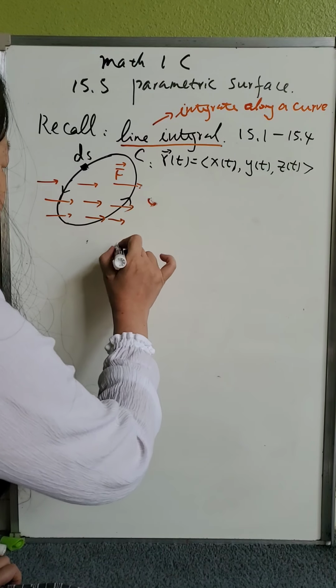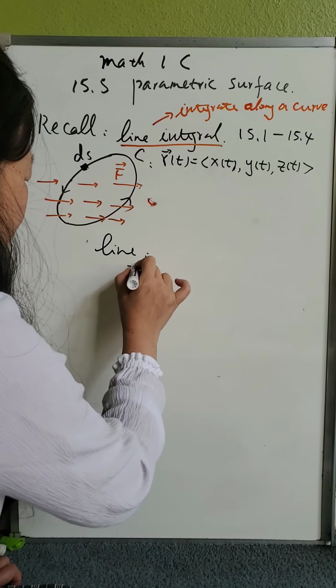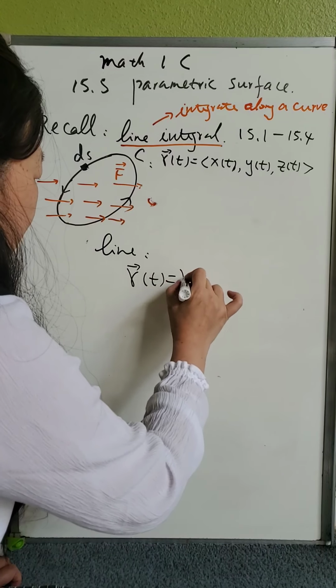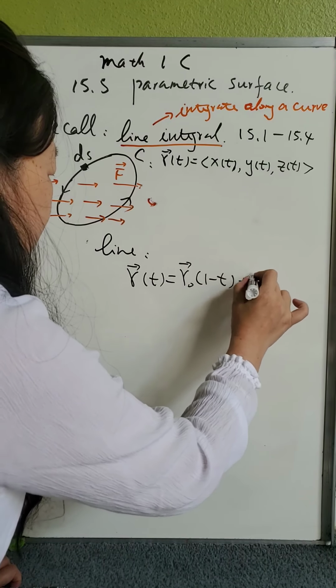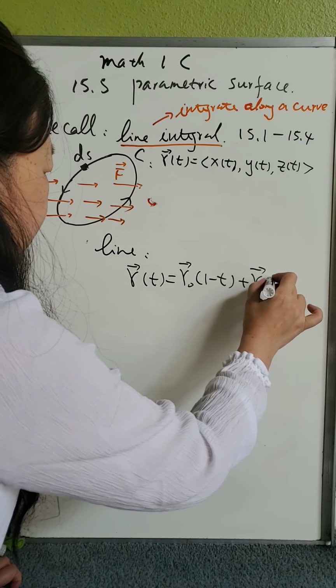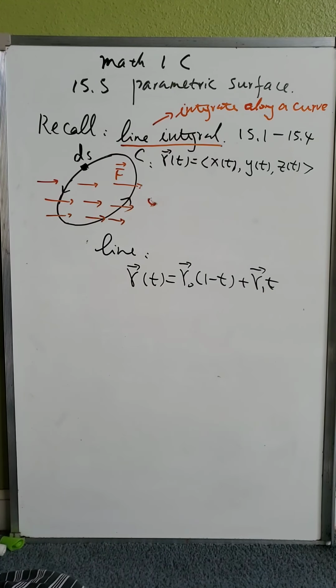But you probably already knew it, I'm just going to remind you. For instance, for a line, we can parameterize a line like this: R0 times (1 minus t) plus R1 times t. That was what we did before, right? So that's for a line. And then we learned about circle also.